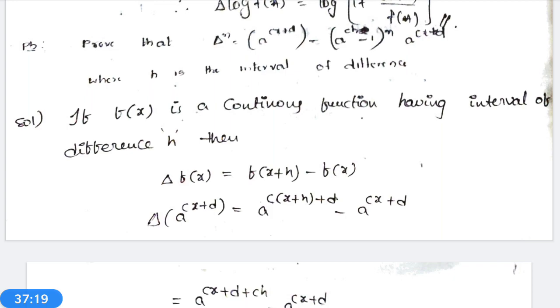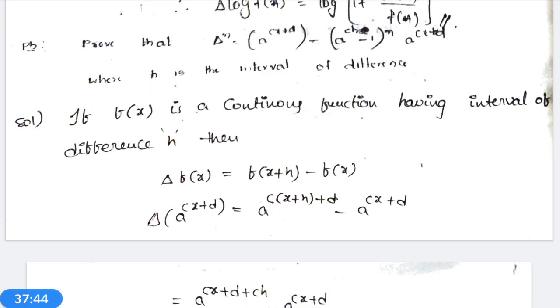Now delta fx is equal to delta a power cx plus d, which is a power c into x plus h plus d minus a power cx plus d, which is equal to a power cx plus ch plus d minus a power cx plus d.